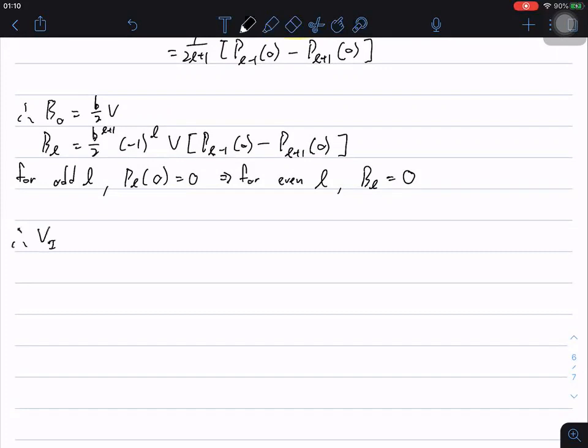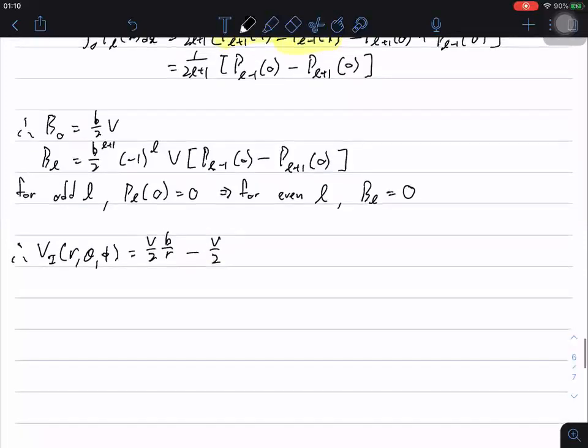We can write down the final form of the potential of the first region. We have 1 over R dependence here. Since we consider only odd number L, the minus 1 to the power of L will always be minus 1, so we have the minus here.